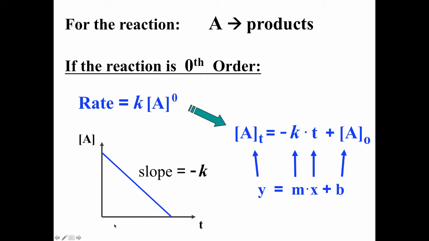What this means is if we were to have collected data for a reaction and we knew as a function of time some concentration values, then if we graphed the data, concentration versus time data, and got a straight line, then we would know that this reaction would be zeroth order, because a zeroth order reaction gives us a straight line relationship between concentration and time.